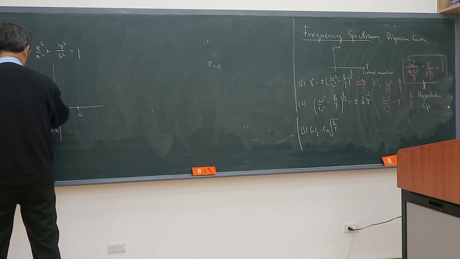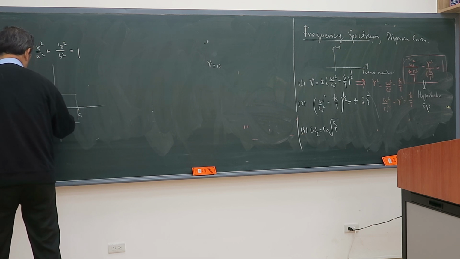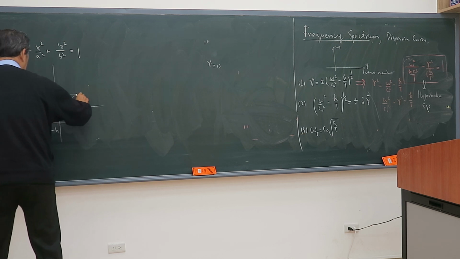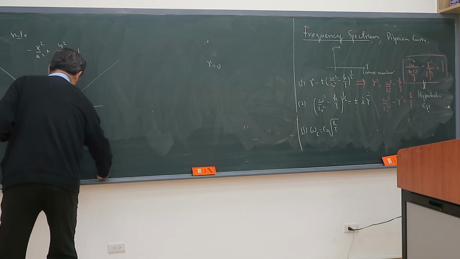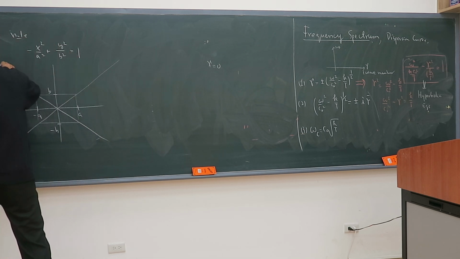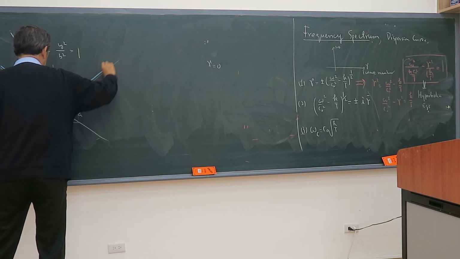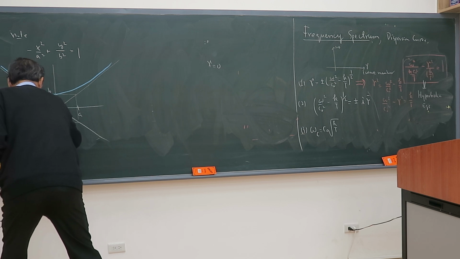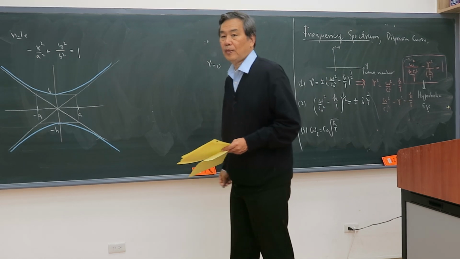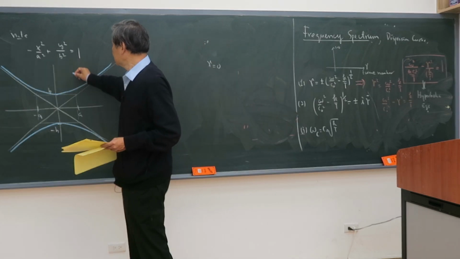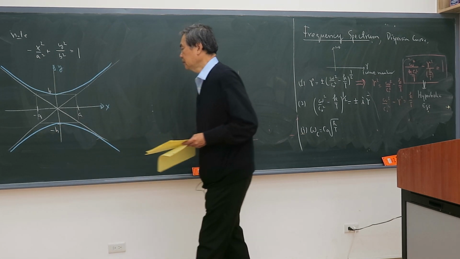So we have the equation of this one, and my hyperbolic equation is something like this. This is my hyperbolic equation, and this is x, and this is y.